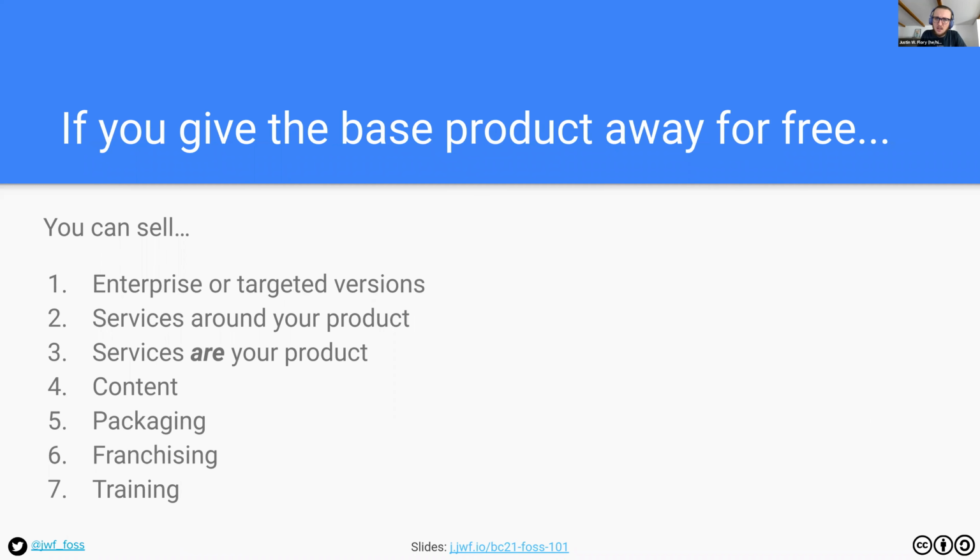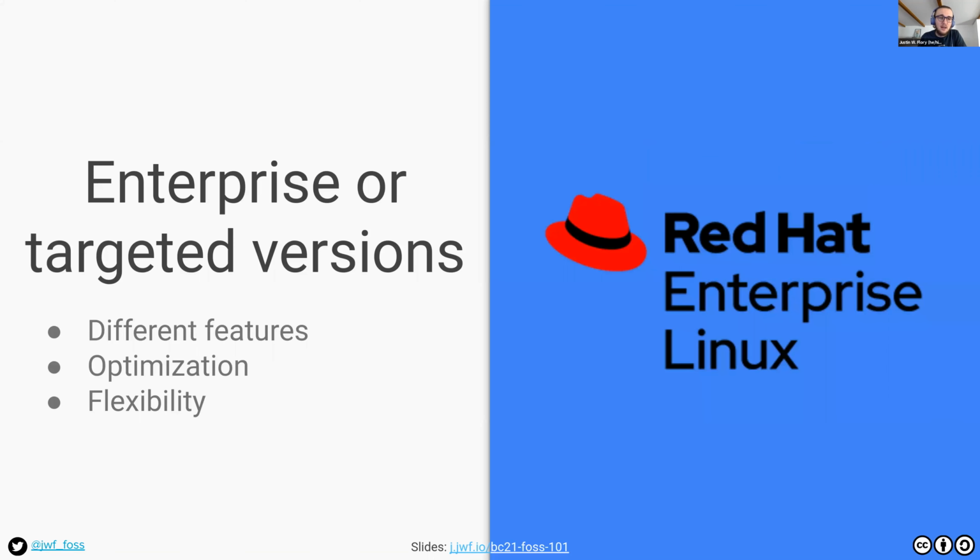In the event that you decide to give the base product away for free, we'll quickly look here at 7 different approaches, and for some of these, give an example of how it looks in the market today. We'll start by looking at enterprise or targeted versions. This is a pretty common approach, sometimes called open core or an enterprise version.